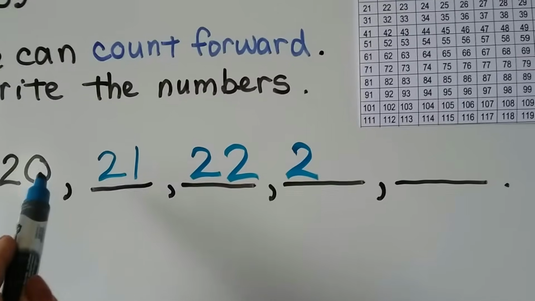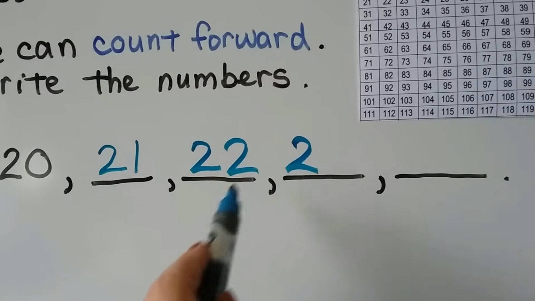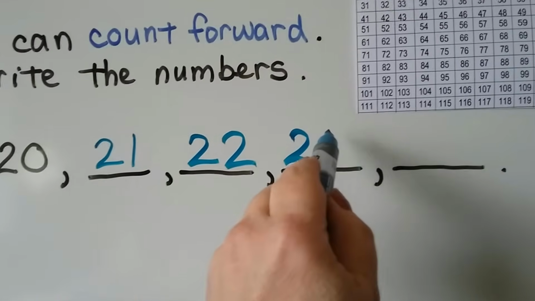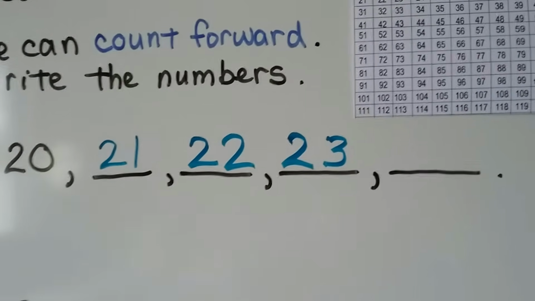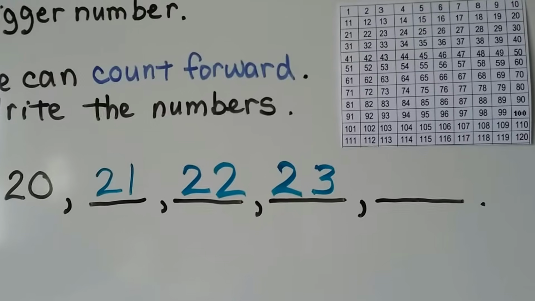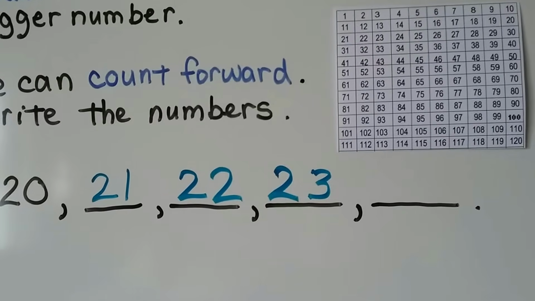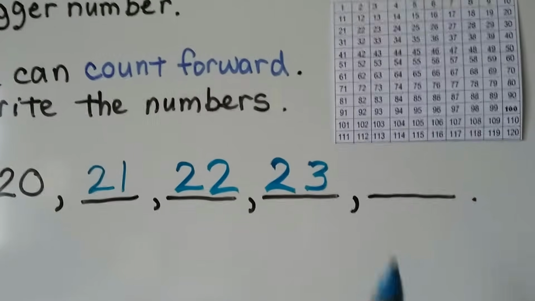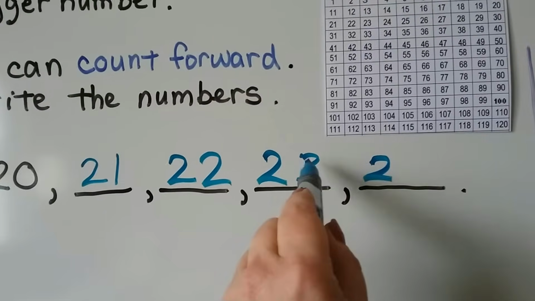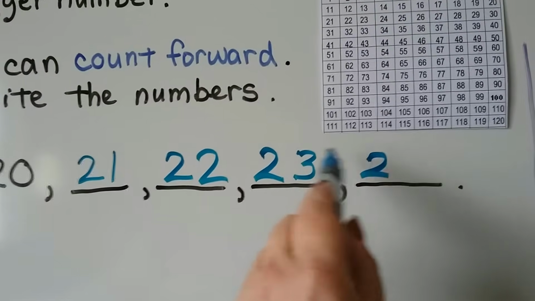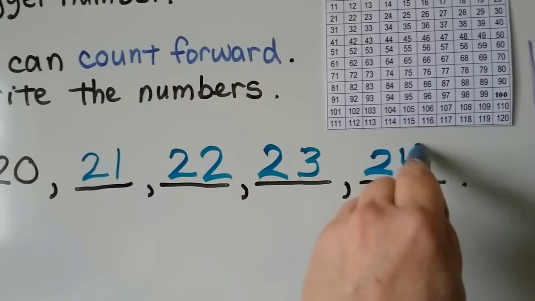And if the ones place went 0, 1, 2, the next one would be a 3, wouldn't it? And do you know what the next one would be? 20, 21, 22, 23. We'd have a 2 in the tens place. And the ones place would be the one counting forward from 3, it would be a 4.